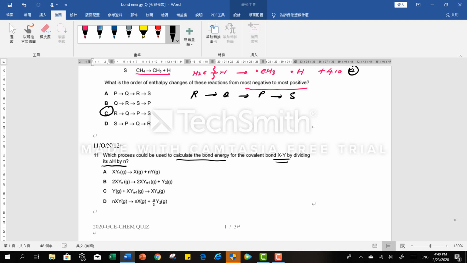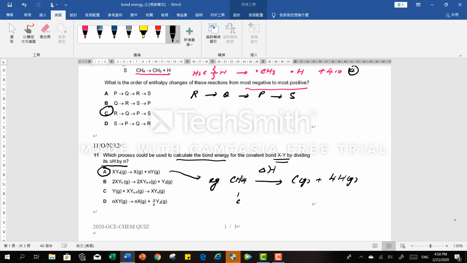Which process could be used to calculate the bond energy of the covalent bond C-Y by dividing its delta H by n? Wow, the answer is very obvious. This is A. Now, you can consider this as methane, right? If you have to break it down into this one and this one, then the delta H, okay?